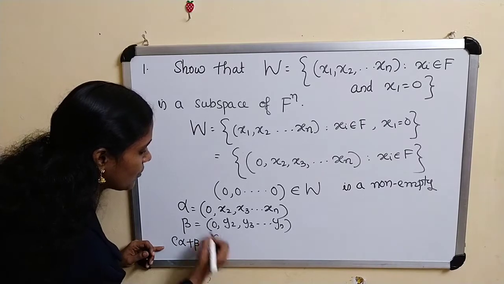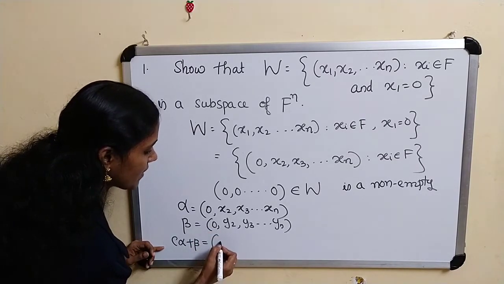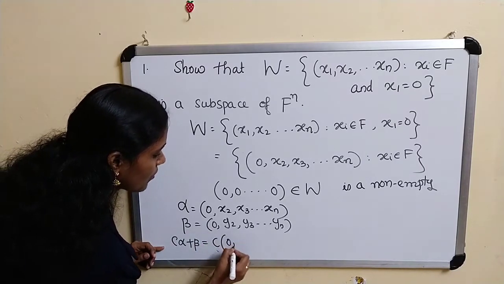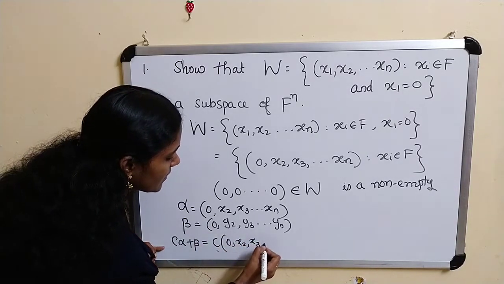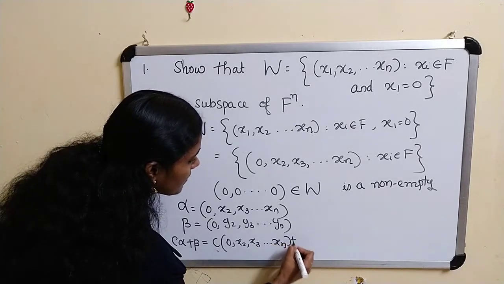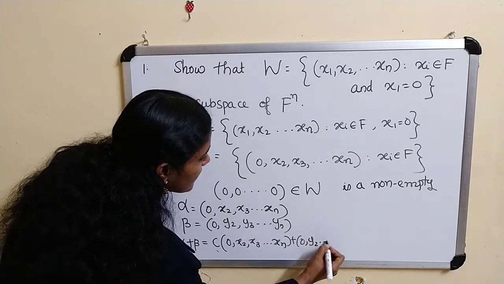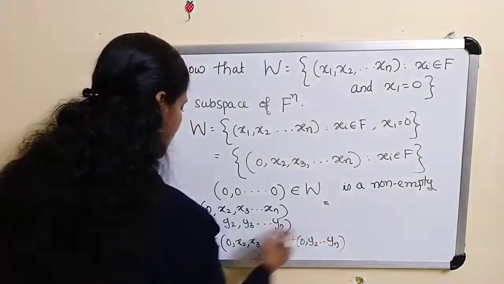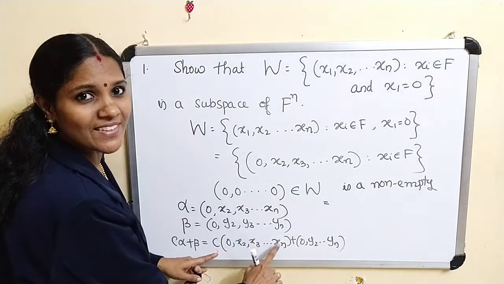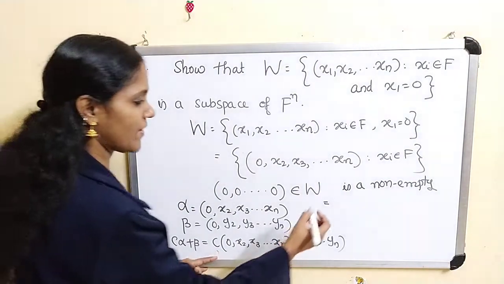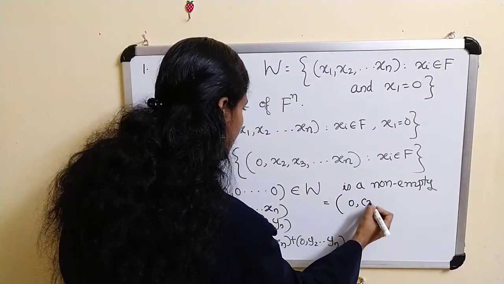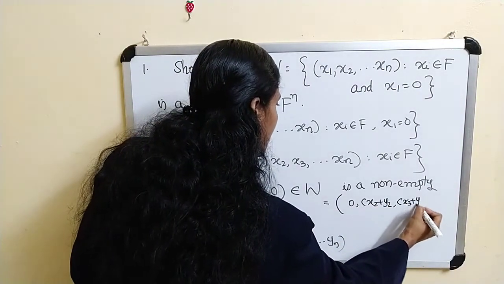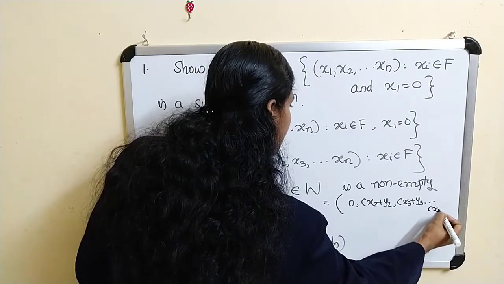This is C times (0, x2, x3, ..., xn) plus (0, y2, ..., yn), which equals (0, cx2, cx3, ..., cxn) plus (0, y2, ..., yn), and the final answer is (0, cx2 plus y2, cx3 plus y3, ..., cxn plus yn).